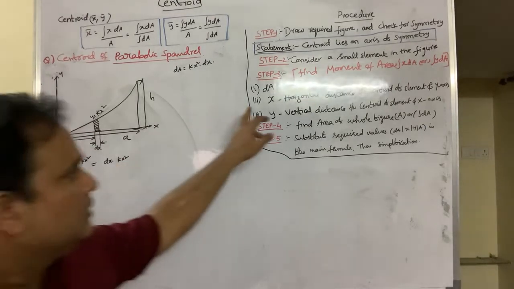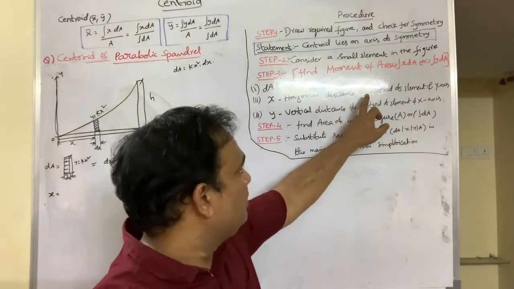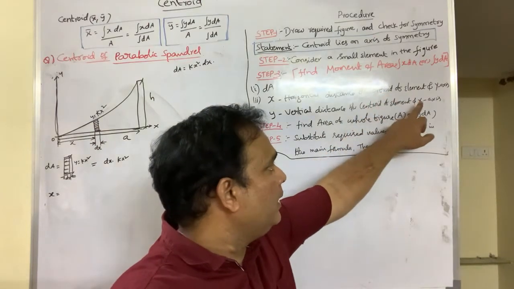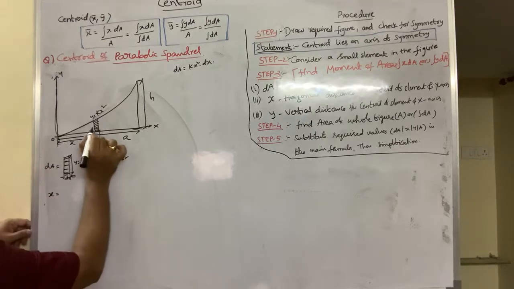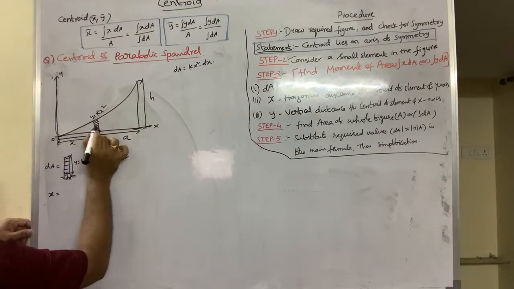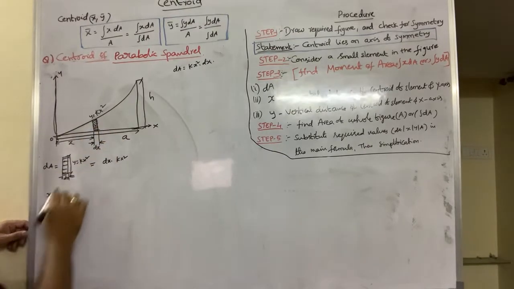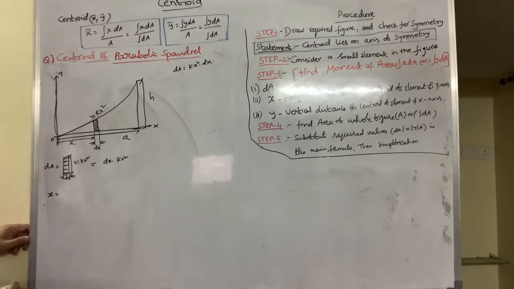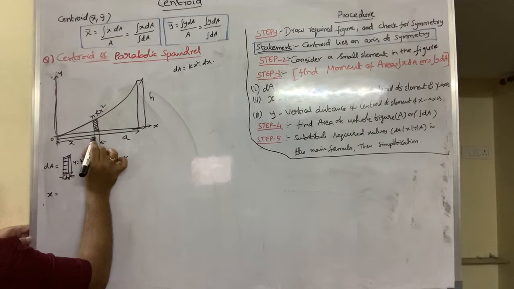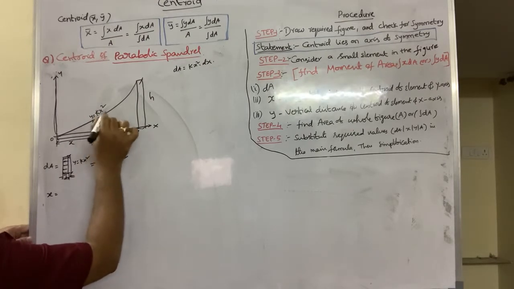What is x bar? It means the horizontal distance between the centroid of the element and the y-axis. Here this is the centroid. For a rectangle, the centroid is at x by 2 and y by 2, simply the intersection point of the two axes of symmetry, that is dx by 2 and kx² by 2.